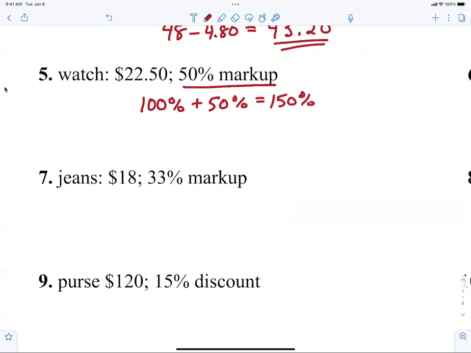I'm letting you use the calculator, but I'm trying to make sure you understand the percentages better. So now what do I do with the 150% and the 22.50? You multiply them. So on your paper, just go 22.5 times 1.5, and then tell me what that is.